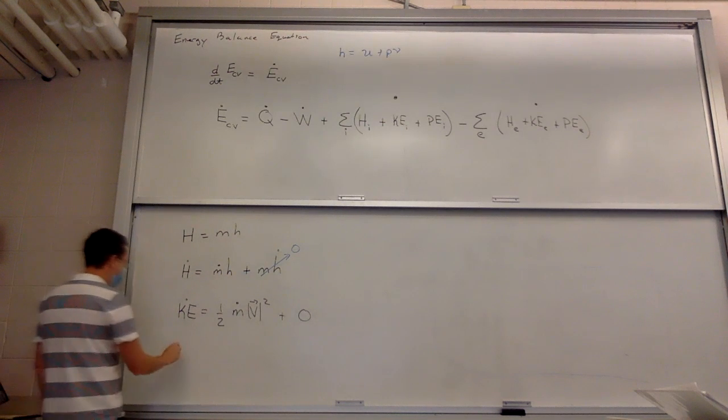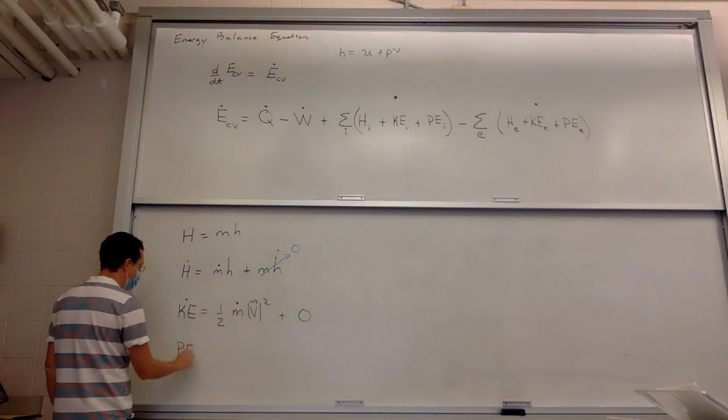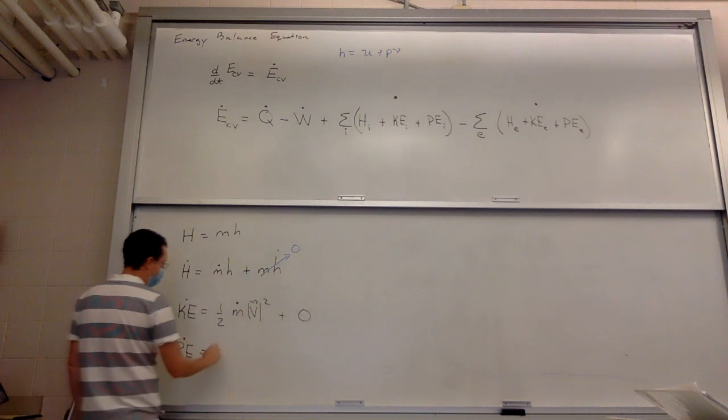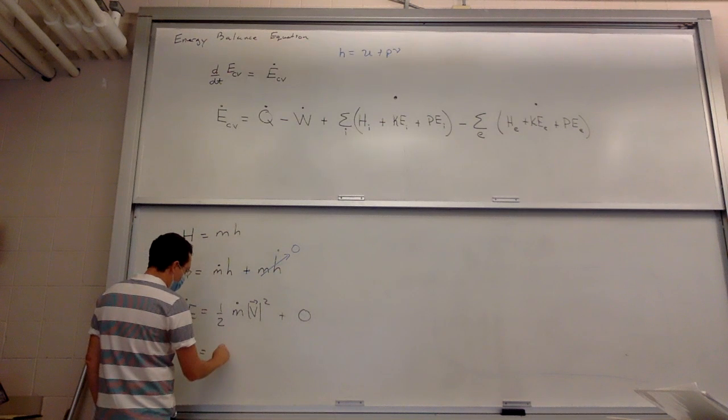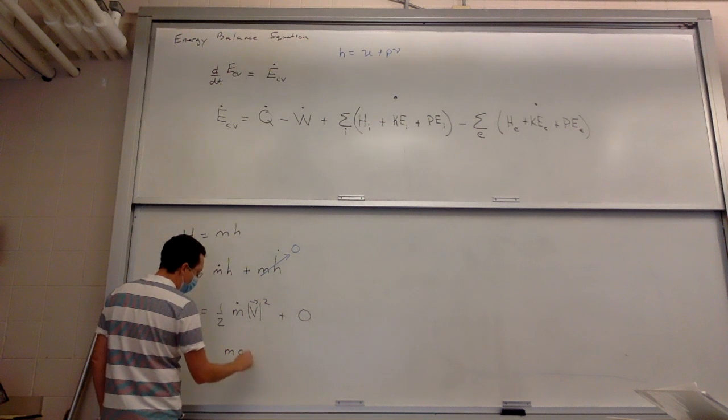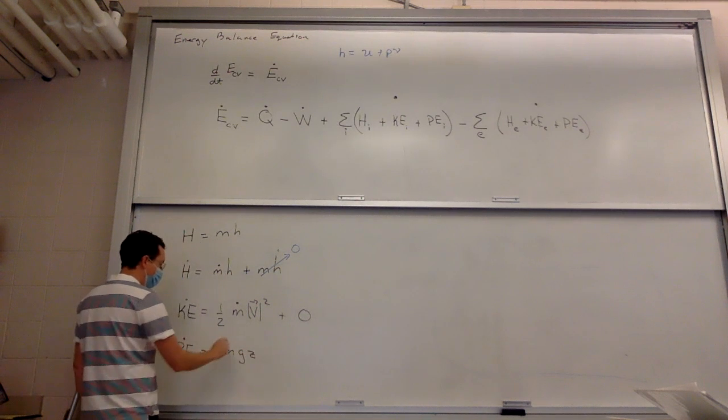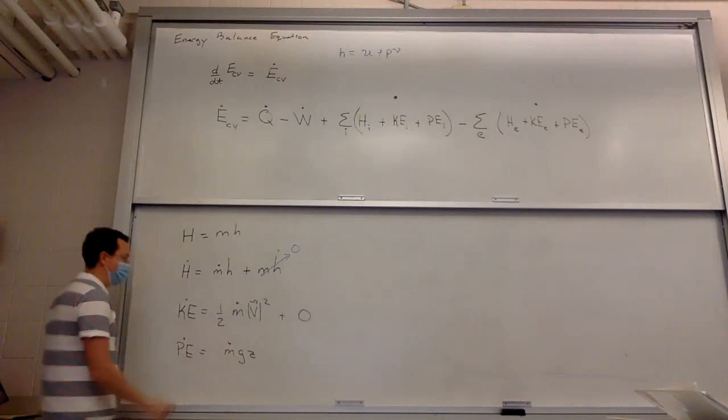Okay? And we're going to make the same assumption for potential energy. So if you're talking about gravity, you would write that as mgz. Write it like that way. We're going to put a dot on that plus 0.